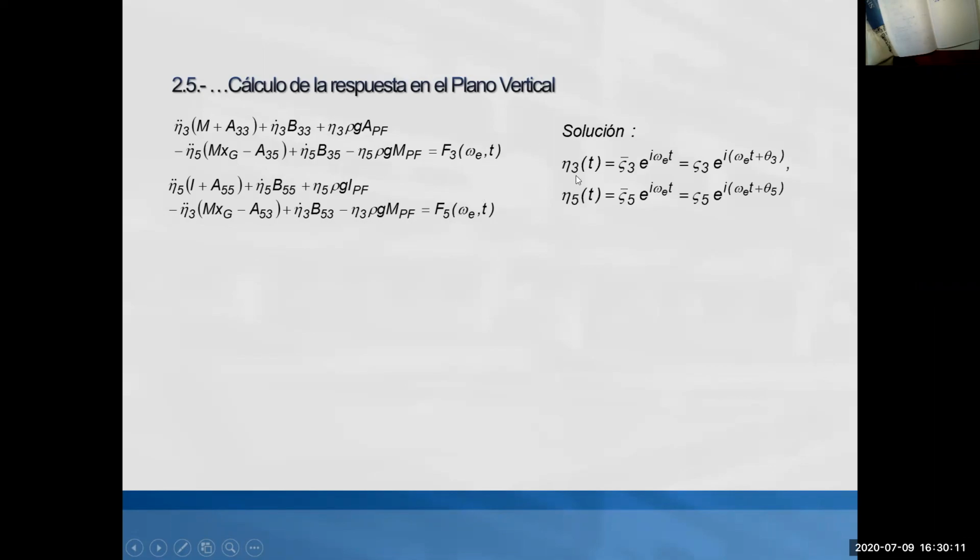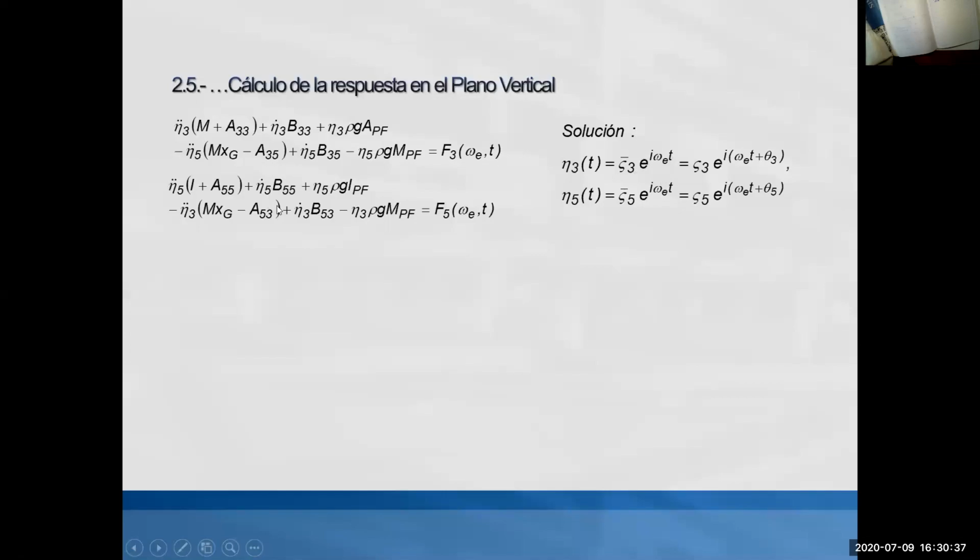We assume that the solution is equal to eta 3, this is a complex constant, times e to the I omega t. These two forces, F3 and F5, they are also dependent on e to the I omega t. So after we do this replacement in here, each one of these terms have this term here.